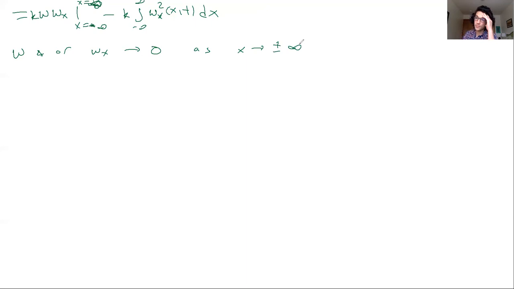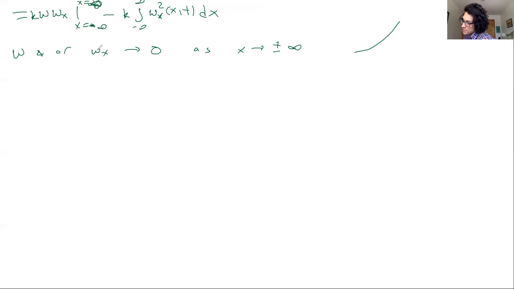That would come from either requiring integrability of your solution, or, you essentially can't have solutions U that are shooting off to infinity as x goes out to infinity, because then you can't properly cancel these things out.